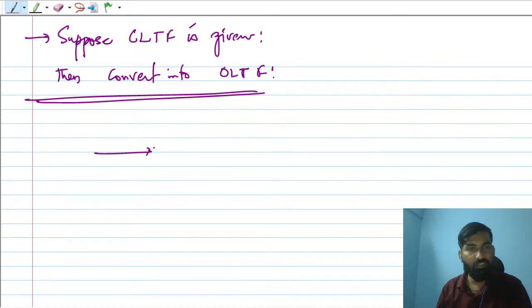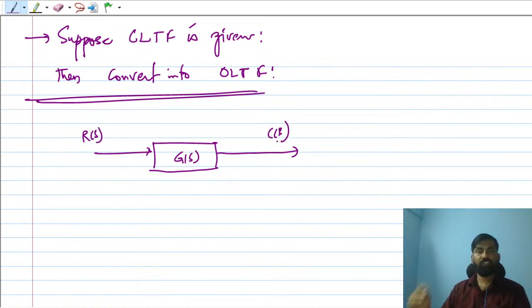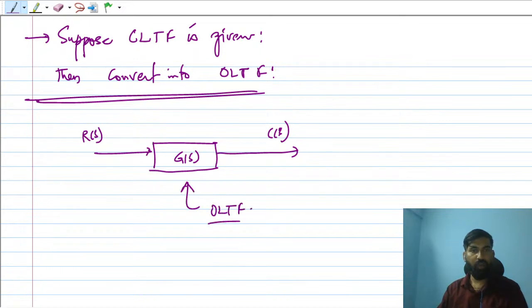So this is the open loop transfer function, G of S, where input is R(S) and output is C(S). Okay, so C(S) by R(S) is G(S). Understood. Why do we call it open loop?